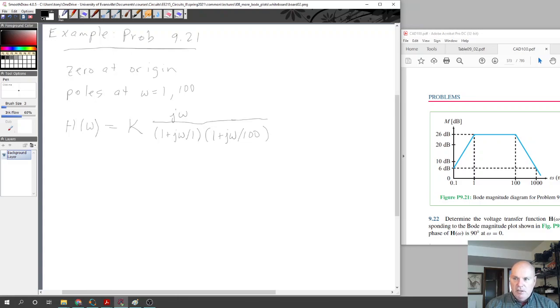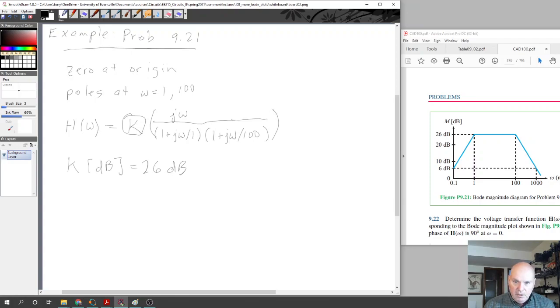So if K is actually equal to 1, this peak value here would actually be 0 dB. We see that instead of it being 0 dB, it's actually 26 dB. So K here has to be this offset that would shift this entire graph up from 0 dB, which it would be if we were just graphing this, up to 26 dB. So K in dB is 26 dB.